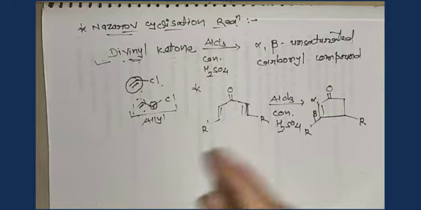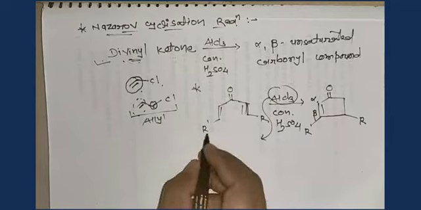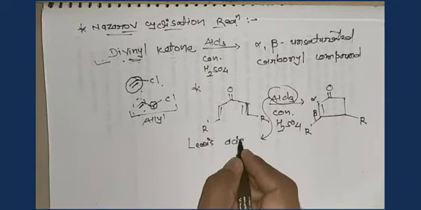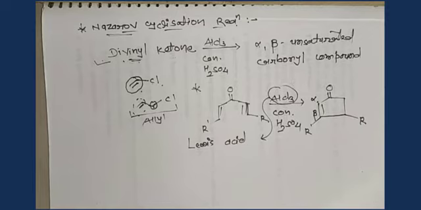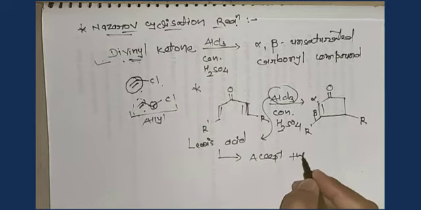Now as we know, here aluminum chloride acts as a Lewis acid, and a Lewis acid always accepts an electron pair.